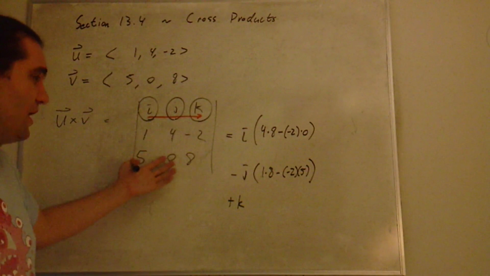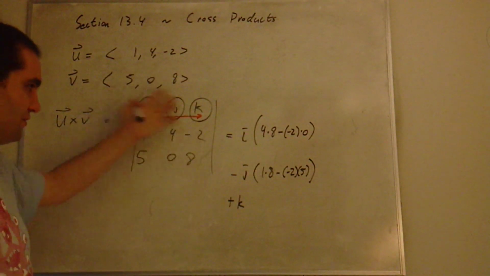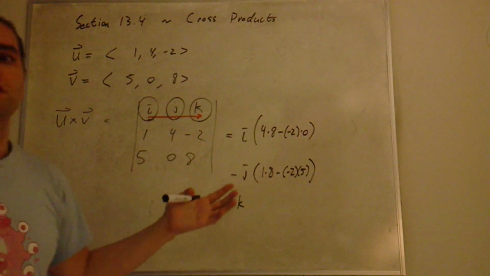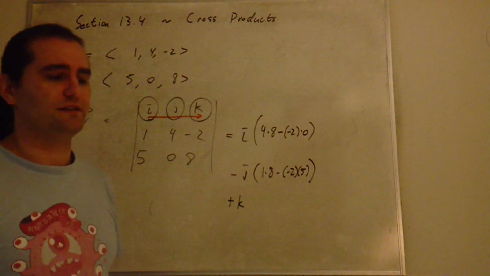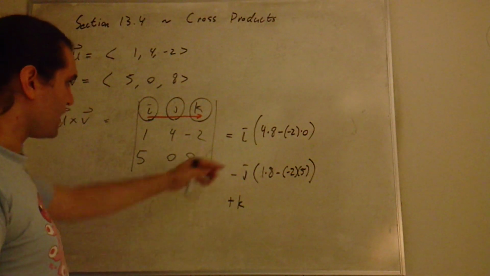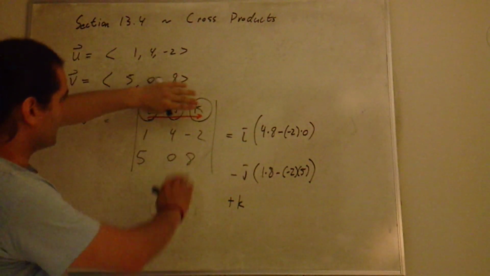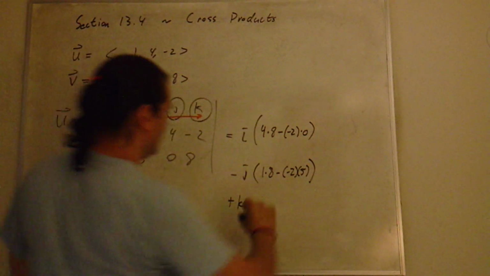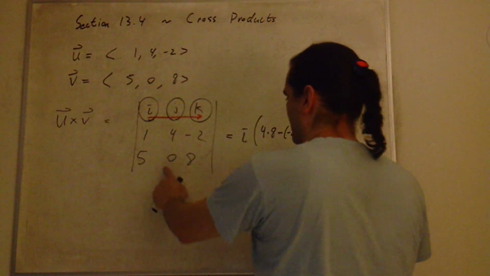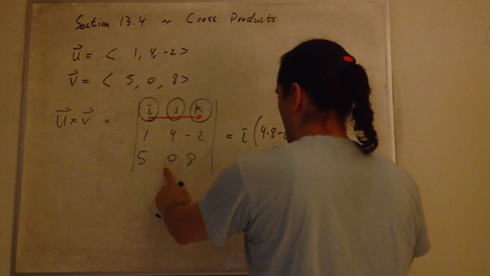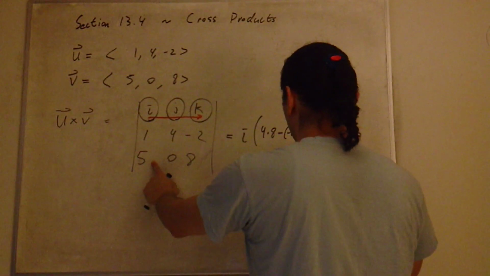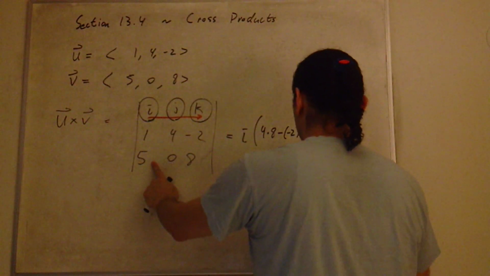We just need to know how to do the determinant of this particular 3 by 3 matrix for a cross product. So I'm not going to spend a ton of time on determinants. Trust me that I is positive, j is negative, k is positive again, and we're going to ignore this row and column. And for k, we're going to multiply 1 times 0 minus 4 times 5.